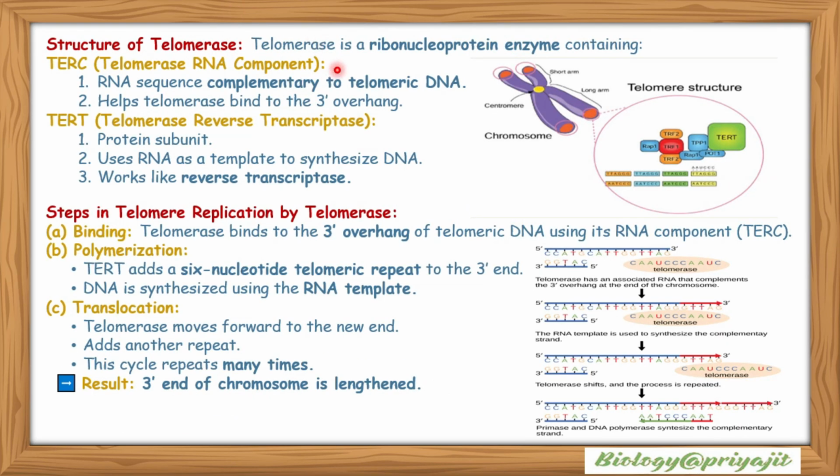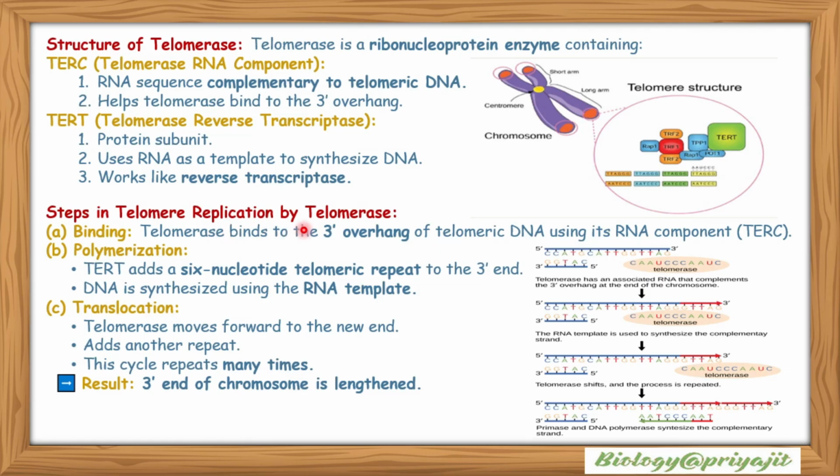Structure of telomerase: telomerase is a ribonucleoprotein enzyme containing TERC, that is telomerase RNA component, an RNA sequence complementary to the telomeric DNA, and it helps telomerase bind to the 3' overhang. TERT, that is telomerase reverse transcriptase, is a protein subunit. It uses RNA as a template to synthesize DNA, and it works like a reverse transcriptase.